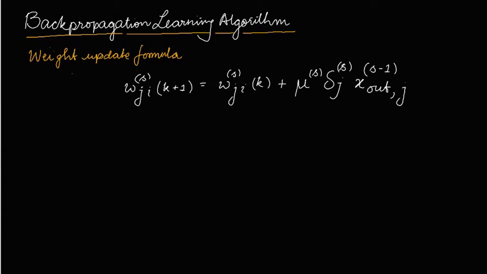So the first formula which we get in the backpropagation learning algorithm is related to weight update, which we call the weight update formula.